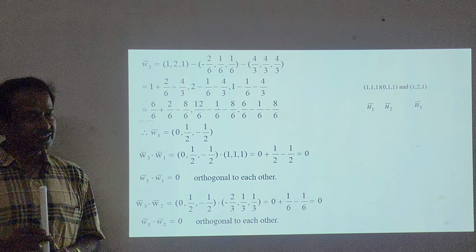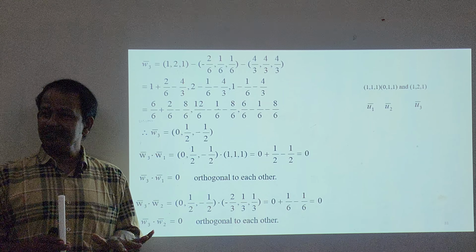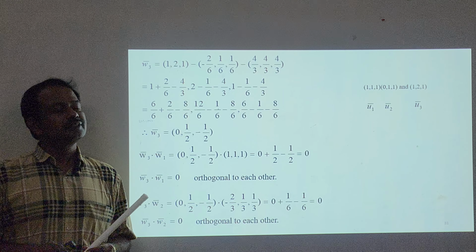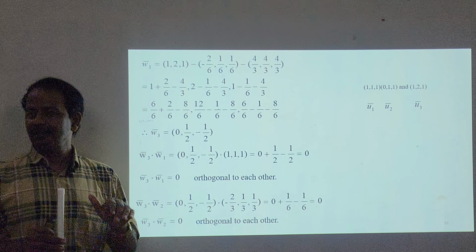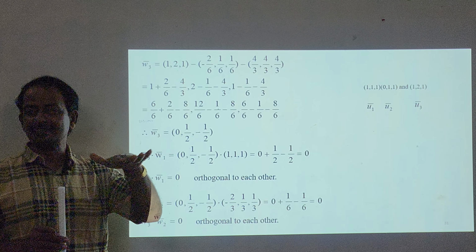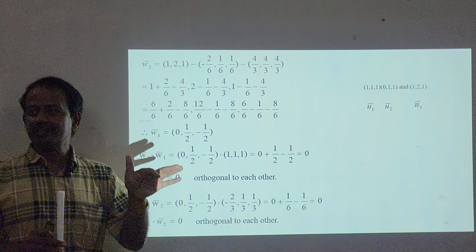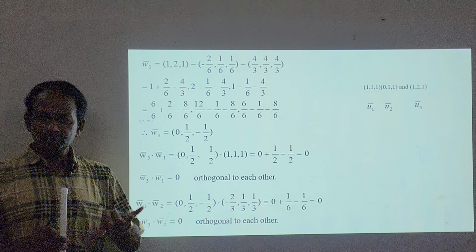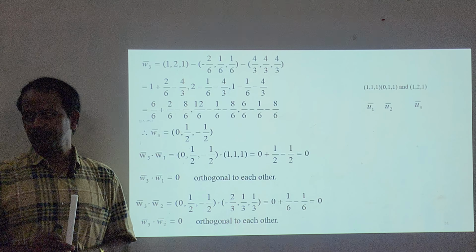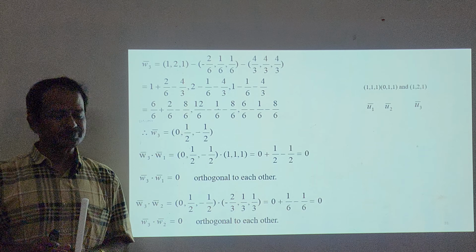So as I said, especially in physics, in quantum mechanics it is used, because vectors should be orthogonal when you consider the ground state and the excited state. All the excited states will always be perpendicular to the ground state. So it will be a complex number, the complex conjugate of the ground state.